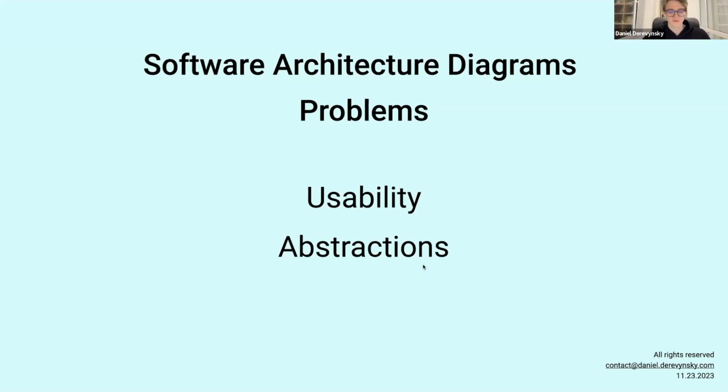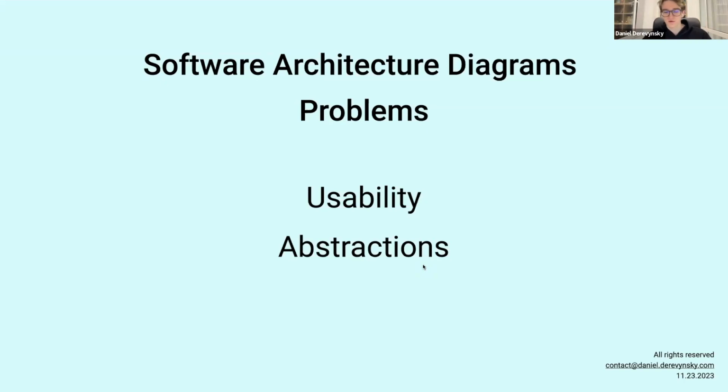Just imagine that for one feature, someone chose a higher level of abstraction, and for the other feature, another developer writing a diagram chose a more detailed level of abstraction.